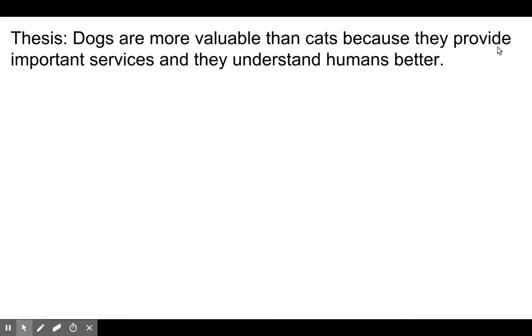The first reason, that they provide important services, and the second reason is that they understand humans better. Let's look at how we would structure our first body paragraph. Our topic sentence, the first sentence of our body paragraph, is going to reflect our first reason. Our first reason was that dogs provide important services.